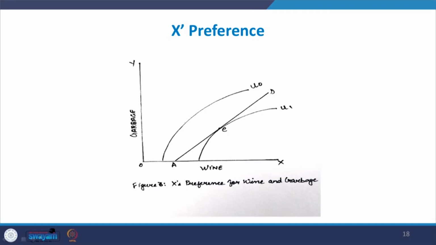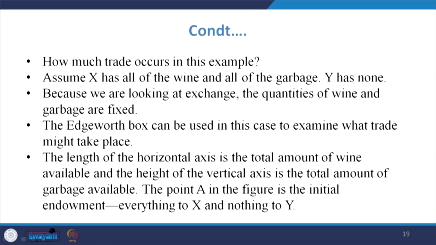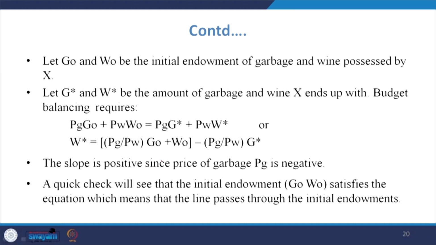Similarly, you can also draw the indifference curve for person Y, and then you can superimpose these two, and then the Edgeworth box can be drawn. But let me first draw the budget line, and after that we can find the optimum combination.